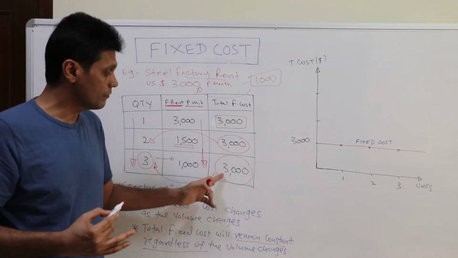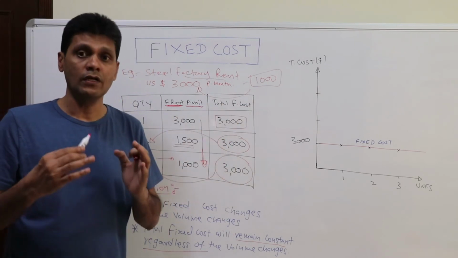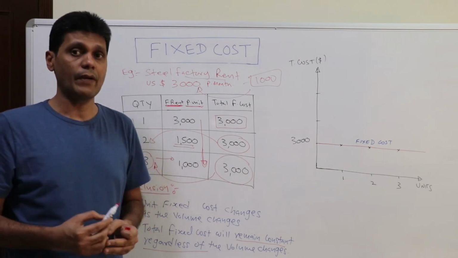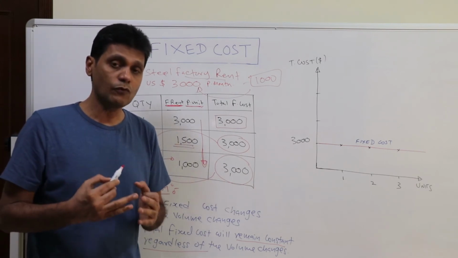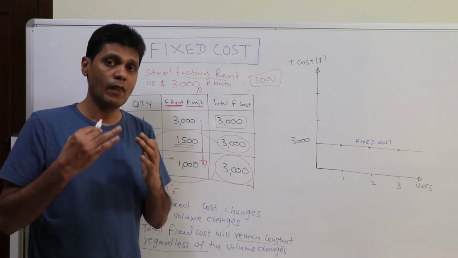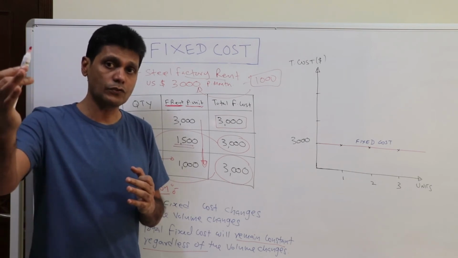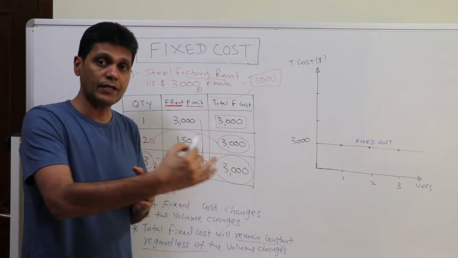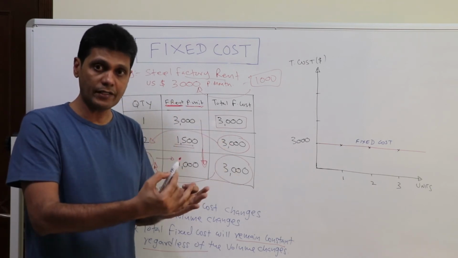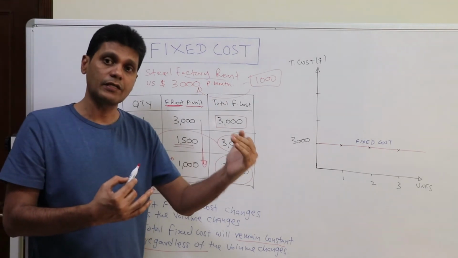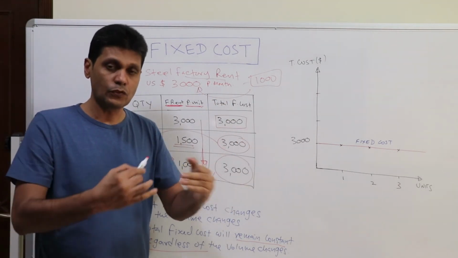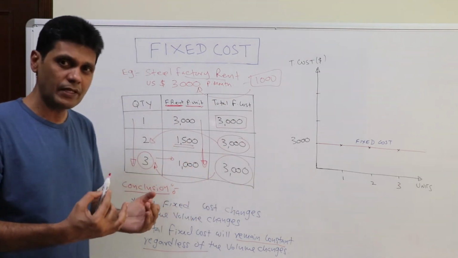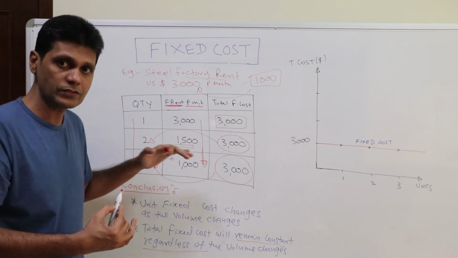So 3000 is fixed up to 1000 units, the 1000 capacity level. Supposing you want to increase the capacity from 1000 to 2000 units, you might have to rent another facility, another factory, where the factory rent will increase. So this is the cost behavior pattern of the fixed cost.